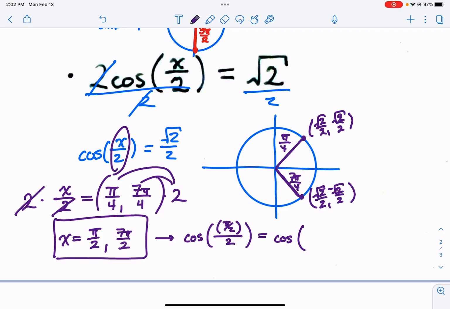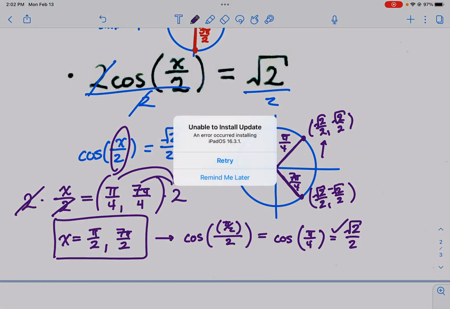Well, pi over 2 divided by 2 turns into pi over 4. Oh, and look at that. We know what cosine of pi over 4 is. It's radical 2 over 2, right? And so that's why that's a solution. So these solutions are accounting for that x over 2 part. You have to account for that. You cannot just get rid of the 2 just because you don't like it being there.